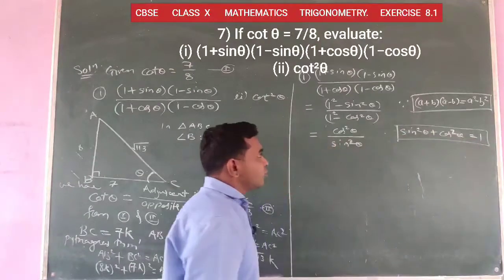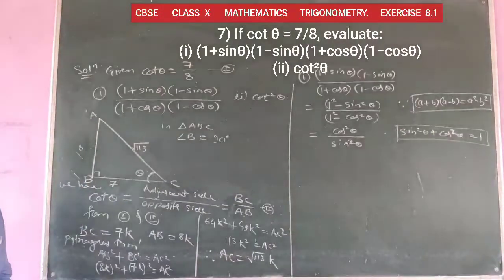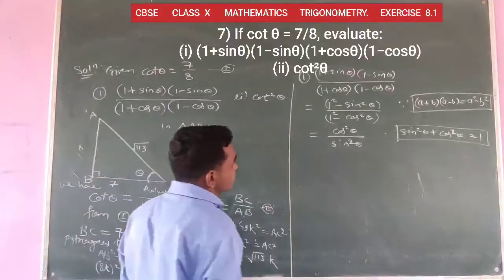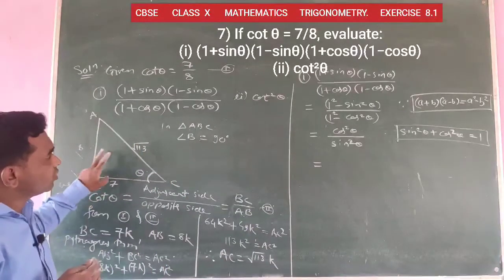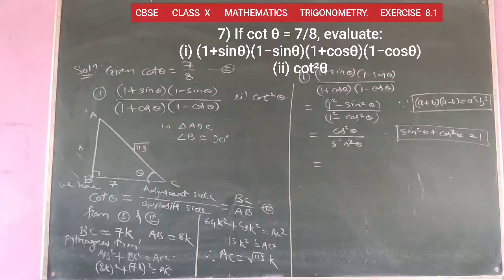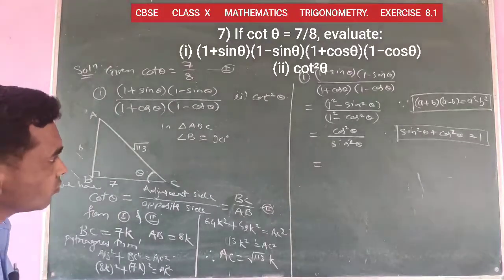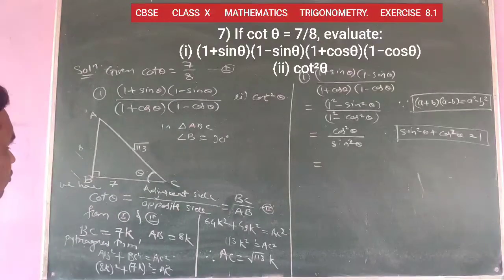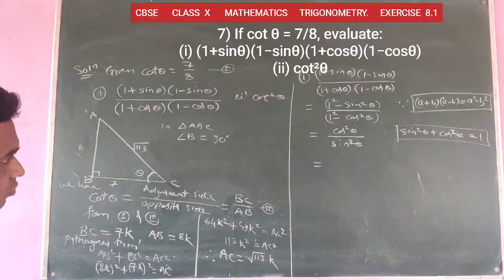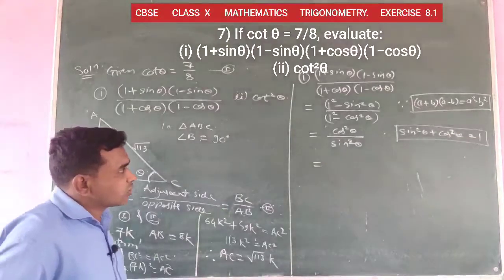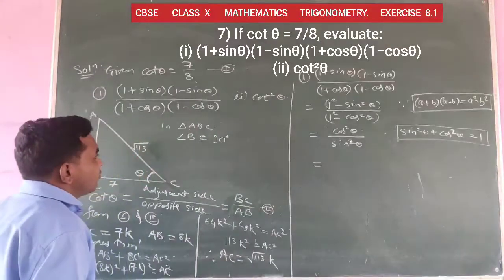So using this identity, after putting the values, we get cos square theta upon sin square theta.